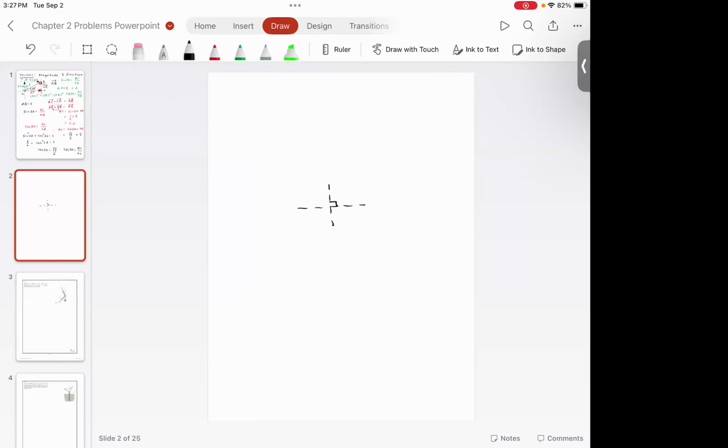Travel in y does not influence travel in x. So essentially, the x-axis and y-axis, as a matter of fact the z-axis, are perpendicular because they are independent. One axis does not influence the other axis.